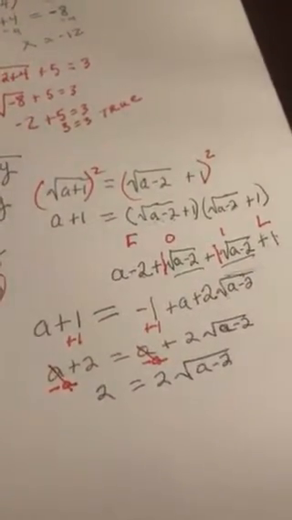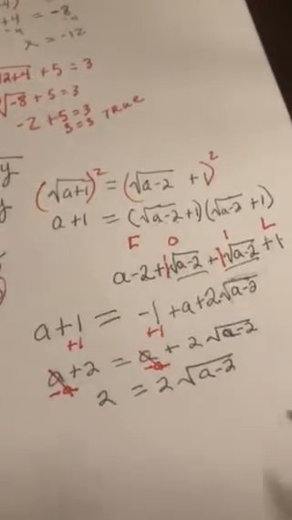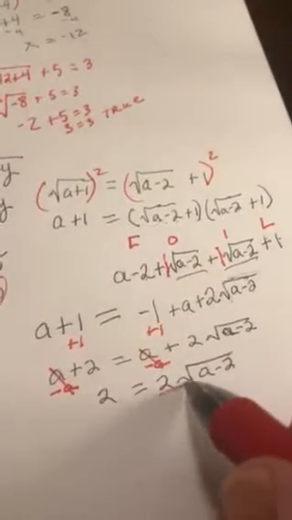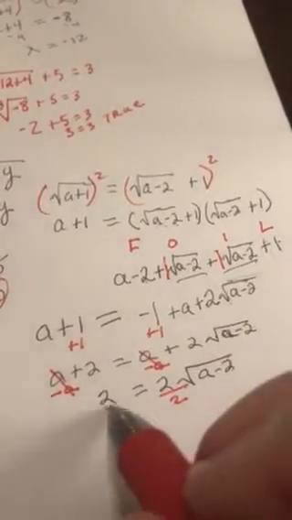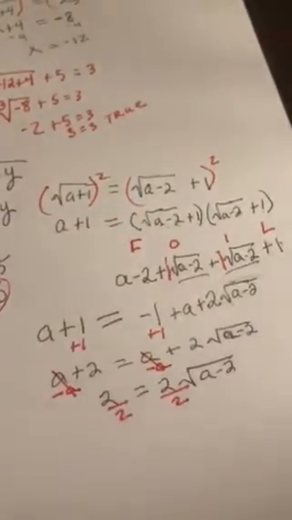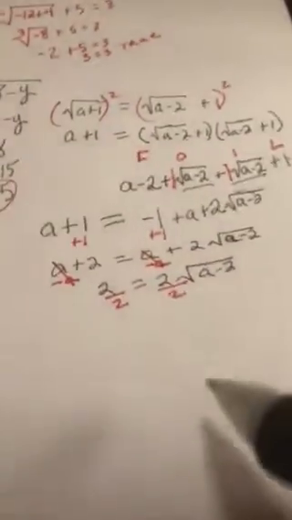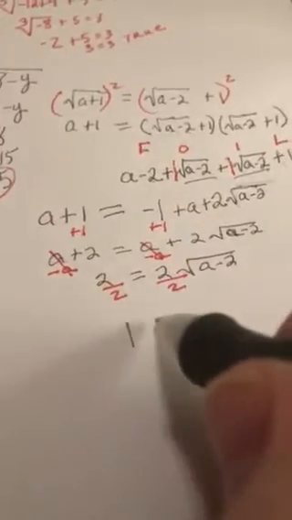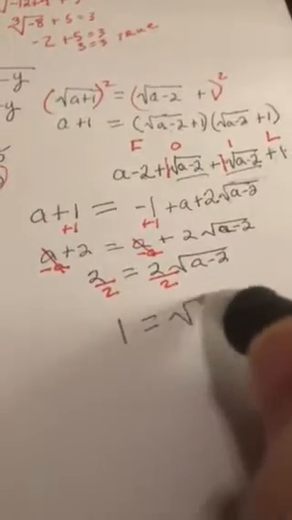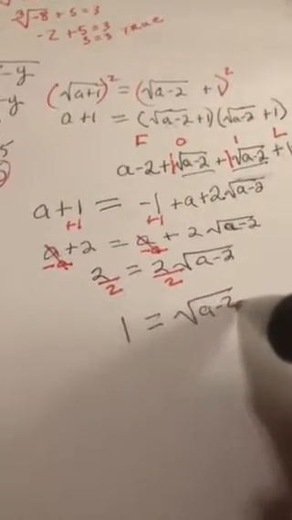Always when you want to get rid of something, you do the opposite of whatever's happening. So that means I'm going to divide by 2 here and divide by 2 here. 1, and then on this side we have our square root of a minus 2.